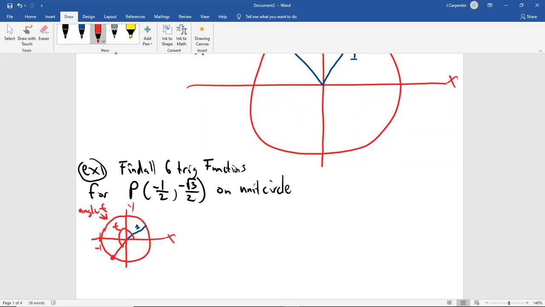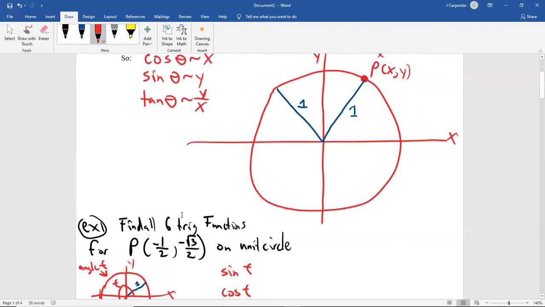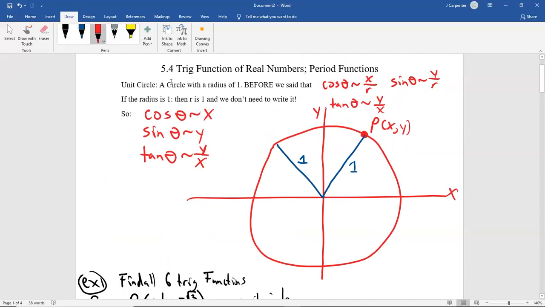So we're trying to find the sine of t, the cosine of t, the tangent of t, et cetera. Well, because we're on a unit circle, the trig functions are just the coordinates or the ratio of the coordinates.